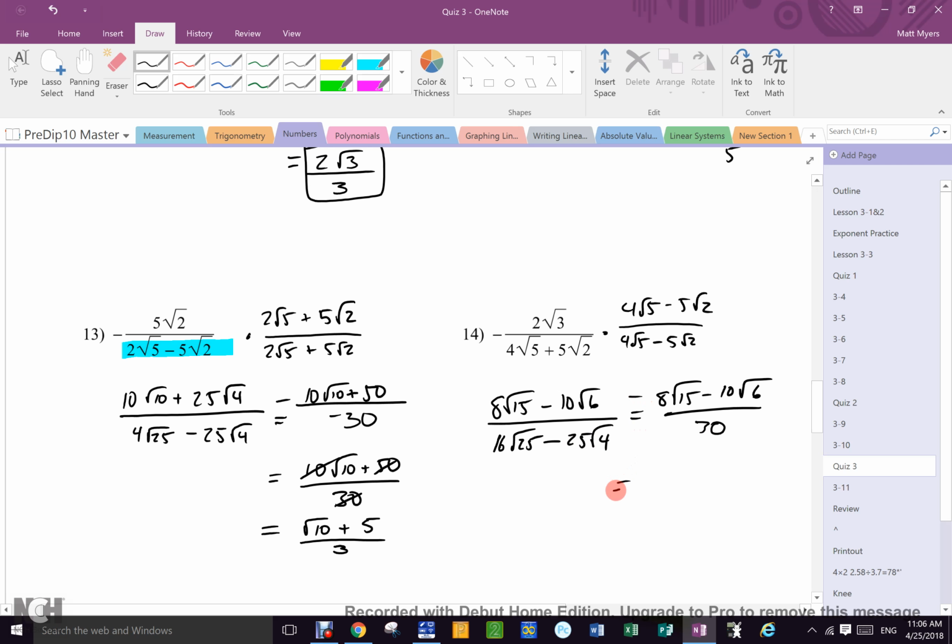It's negative. Cancel, cancel, cancel. 2 goes into all of them. 4 root 15 minus 5 root 6 over 15, and that's all negative.